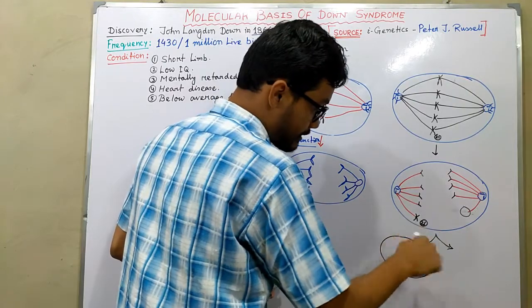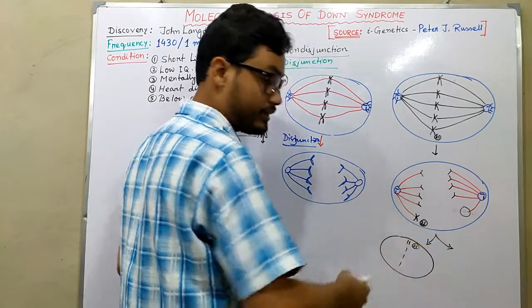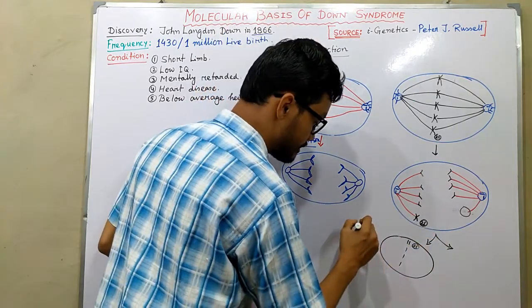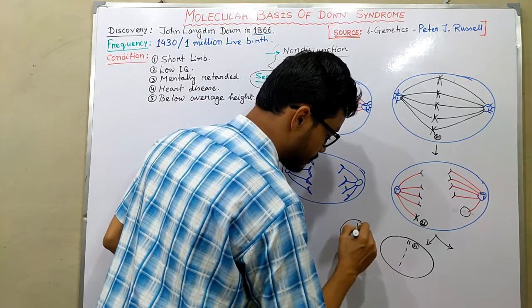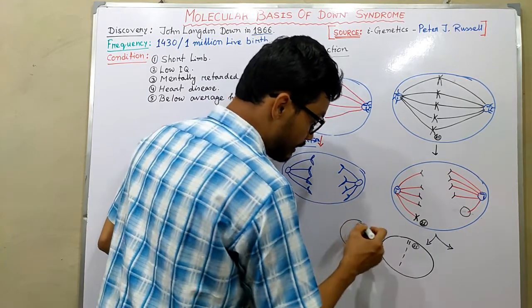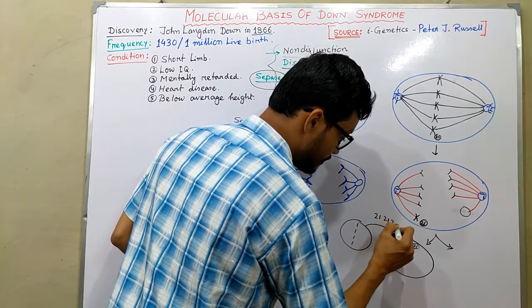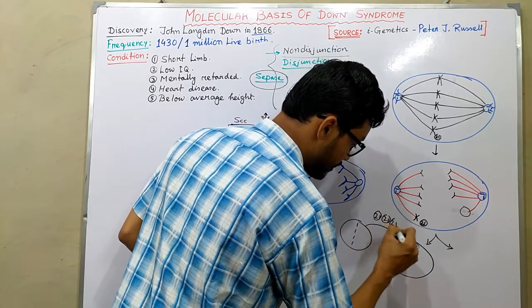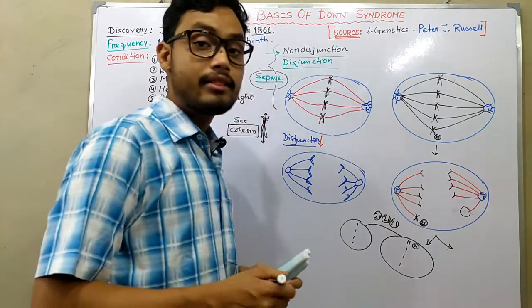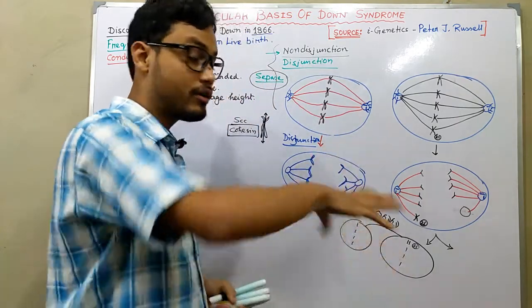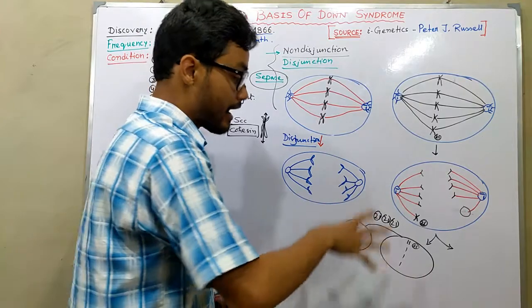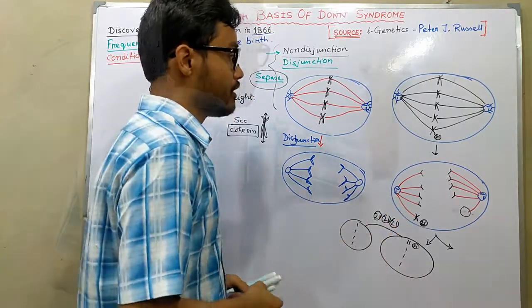If this gamete is fertilized with another normal gamete that has one chromosome 21, then in this case 21 makes a trisomic condition. That means chromosome 21 is present three in number. That is the trisomic condition for the cell, and it leads to Down syndrome.